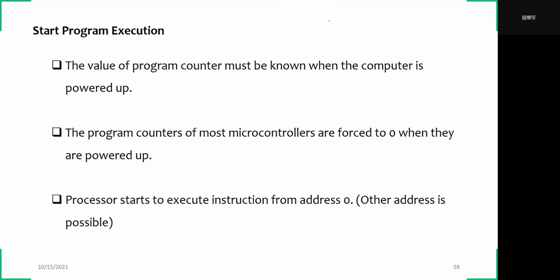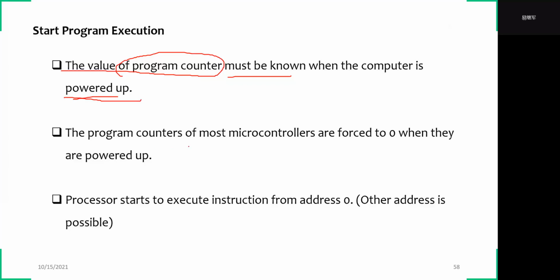If we want to execute the program, we need to follow this. The value of the program counter must be known when the computer is powered up. Usually it is 0.